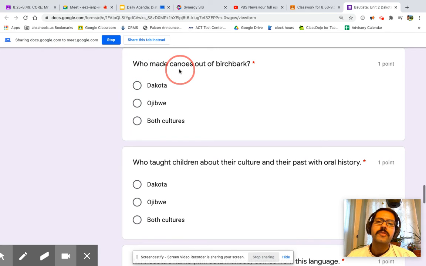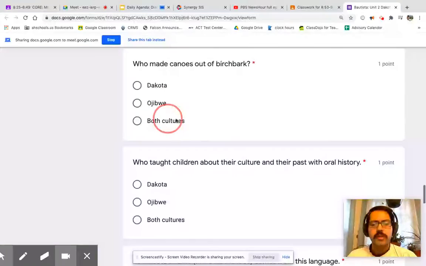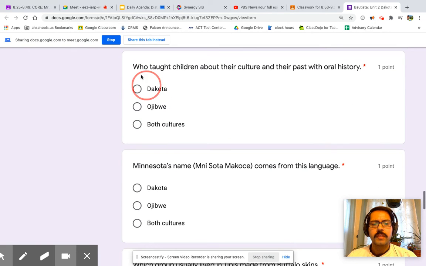Who made canoes out of birch bark? The Dakota, Ojibwe, or both cultures? Who taught children about their culture and their past with oral history?